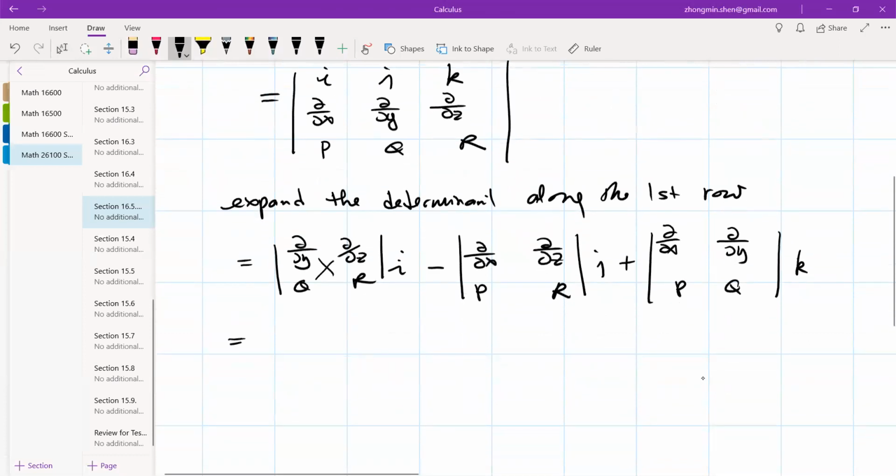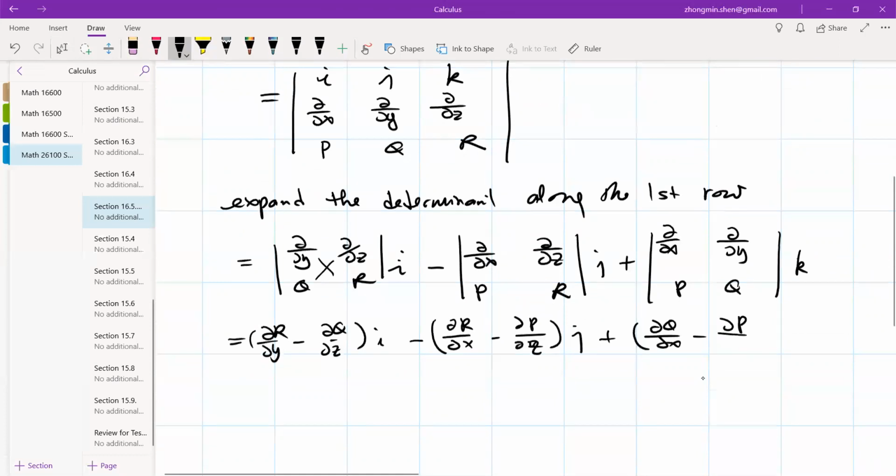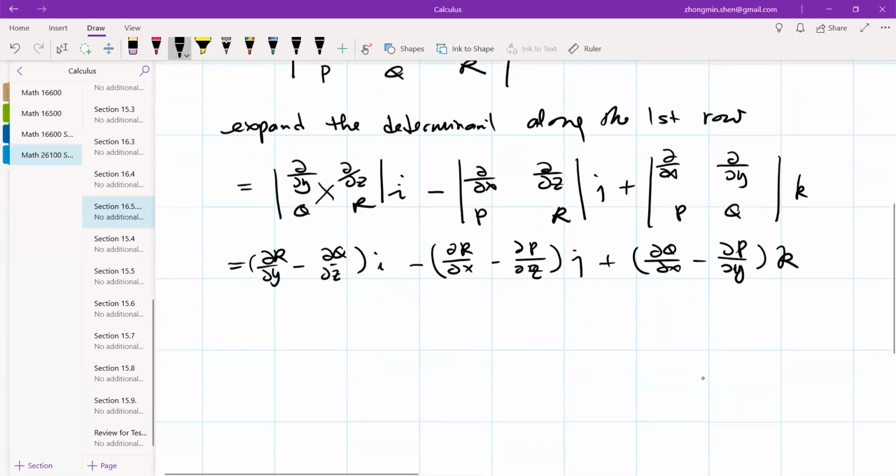Then this is going to be that, okay, then you get that term minus, then you get this term, right? Then you get the last one. All right. So now you can write all the terms. Okay. So anyway, given a vector field, you get another new vector field, which is called the curl of F.